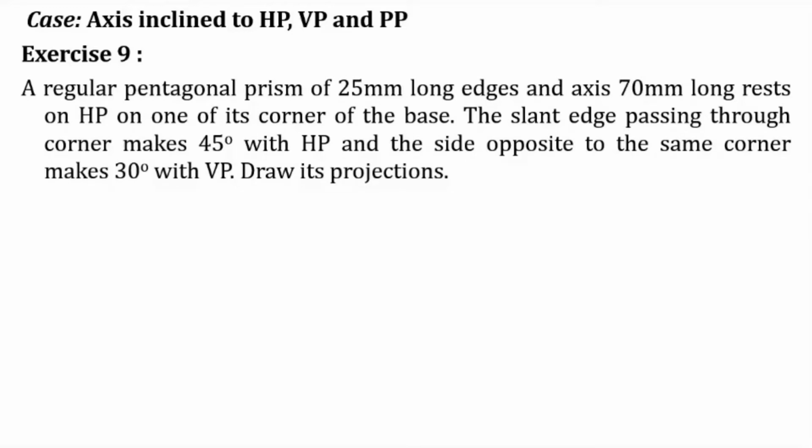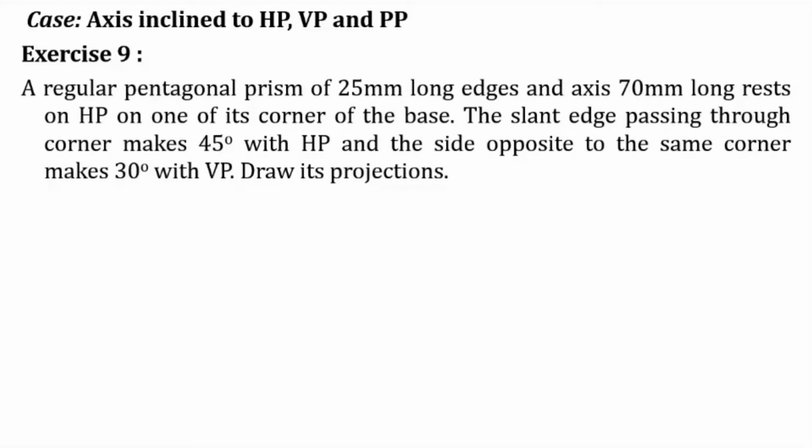The slant edge passing through the corner makes 45 degree with HP. Actually it is not the slant edge, as I said, it is the longer edge. There will be 2 longer edges and 2 base edges. For the 2 base edges, we don't know the angle, but the vertical edge, or the longer edge, passing through this corner makes 45 degree with HP. And the side opposite to the same corner makes 30 degree with the VP.